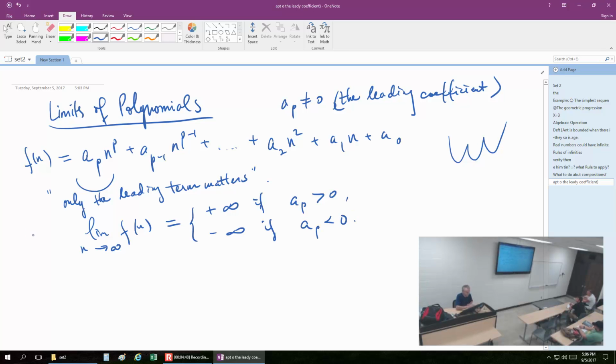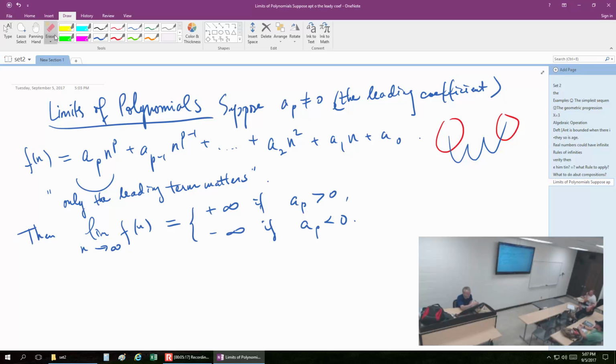That's the whole thing. In other words, these are the parts of the graph that we only care about. Long-term behavior, which is what sequences are all about. What happens to the long-term behavior?